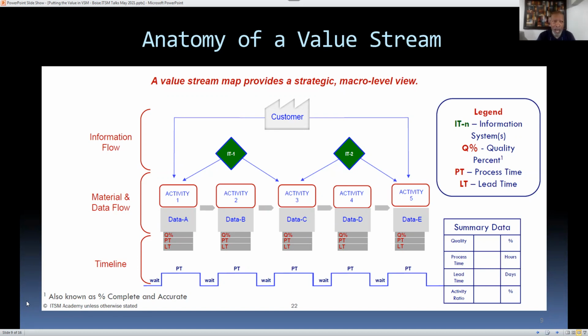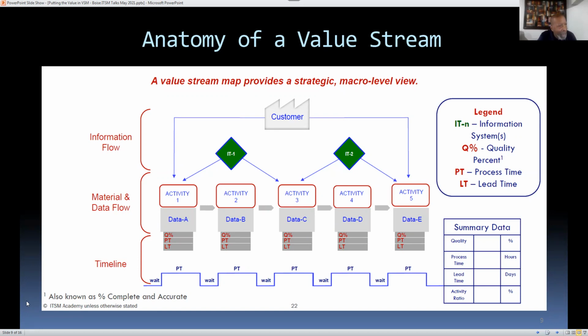In fact, every time any activity pushes forward less than 100% quality, it's actually pushing the next activity into a risk zone. And it's going to get in the way of being as efficient as we could be.